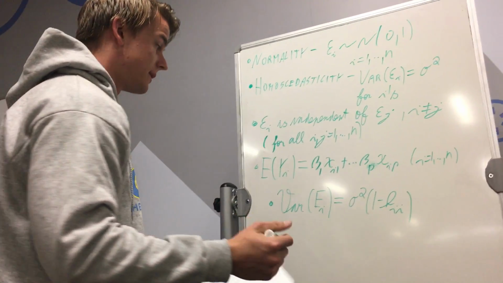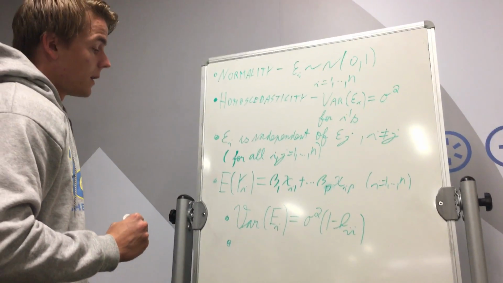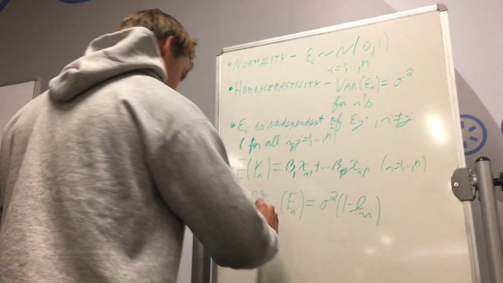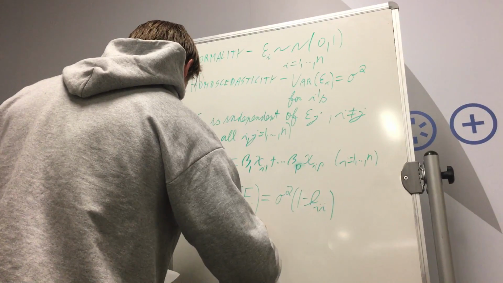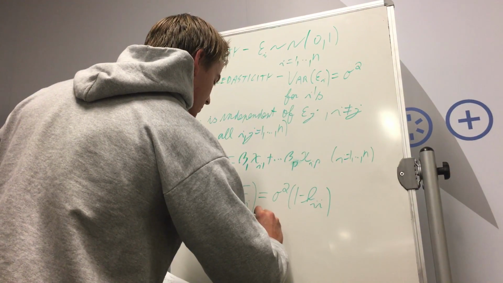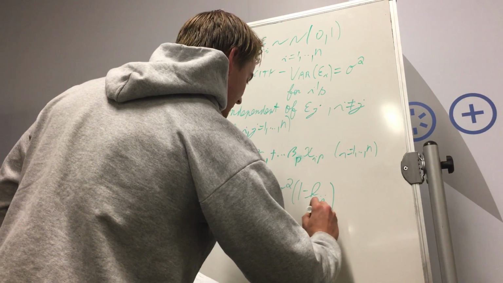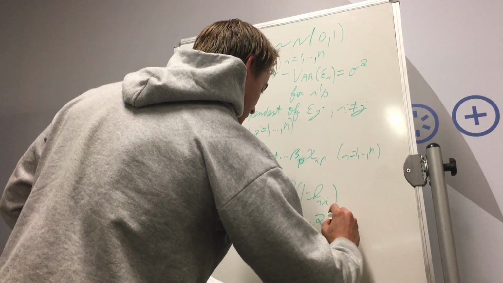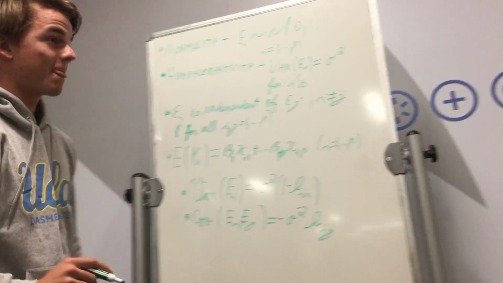And in addition to that, the residuals are correlated. So the covariance between residual i and residual j is minus sigma squared h_ij.